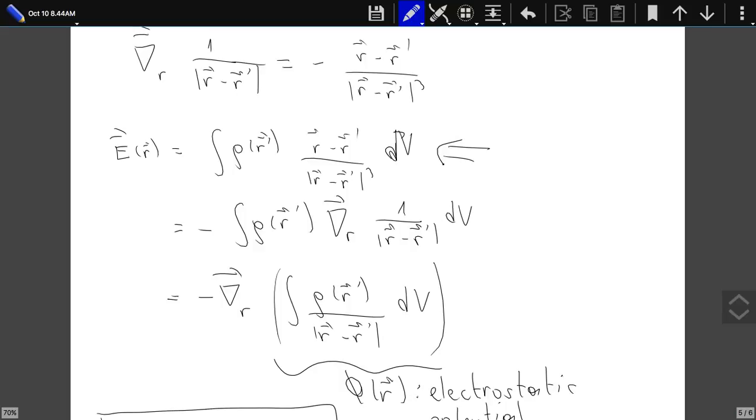For example, we will be looking at cases when we have a point charge in front of a conducting sphere. Well, we already know that that point charge will change the charge distribution of the sphere. But the new charge distribution we don't know. We only know that we had put a point charge somewhere nearby. We don't know the charge distribution, so this expression in that case will be kind of useless.